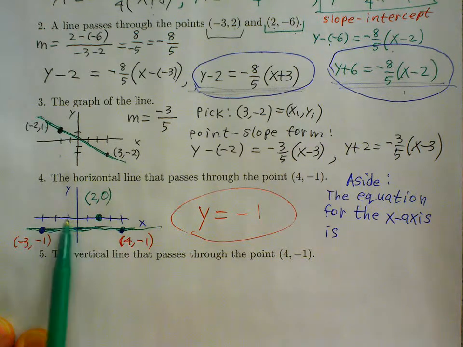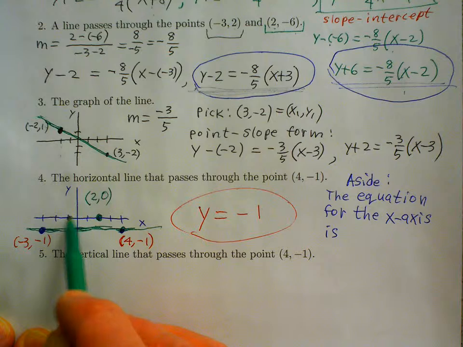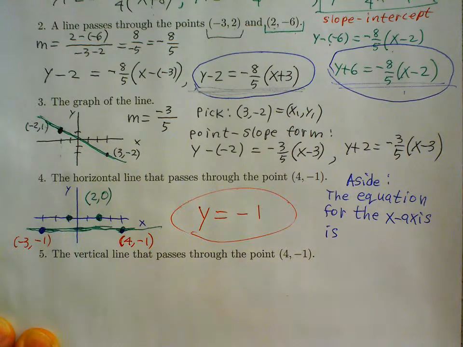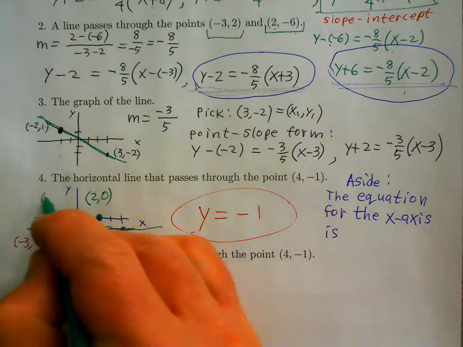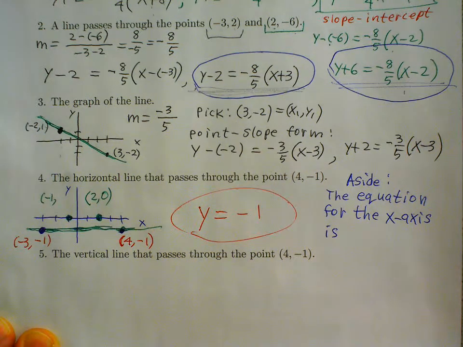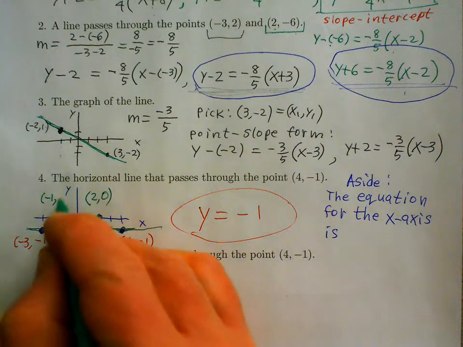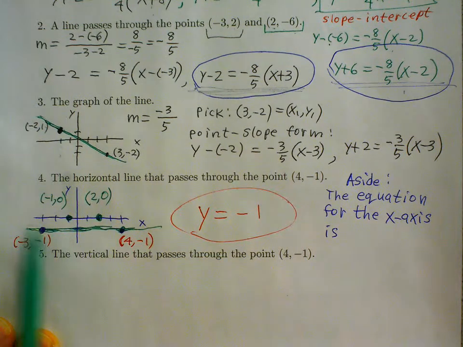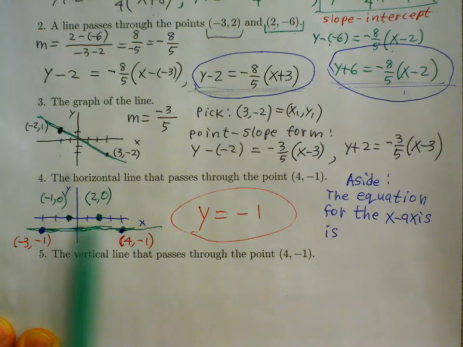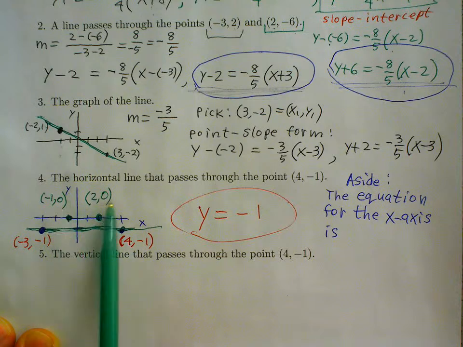Pick another point on the x-axis, like this one. The x coordinate for that point? -1. What's the y coordinate? 0. So every point on the x-axis has a y coordinate of 0.